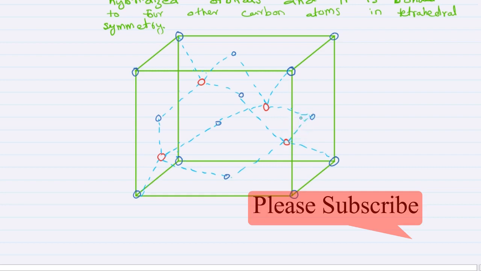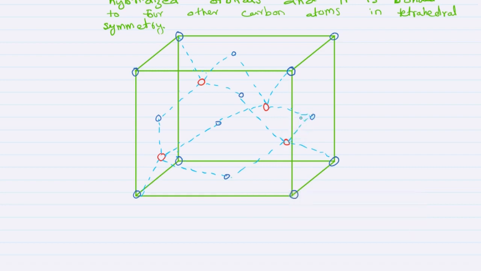We have shown that each atom is connected to 4 further atoms in a tetrahedral symmetry, and we have shown this only for 4 carbon atoms, but this is true for all carbon atoms in a diamond structure. Every atom is connected to 4 further carbon atoms in a tetrahedral symmetry.